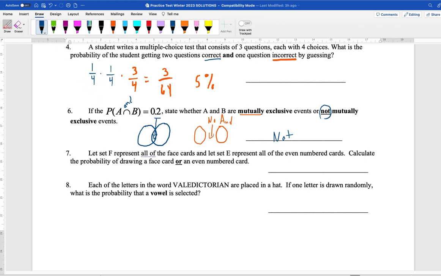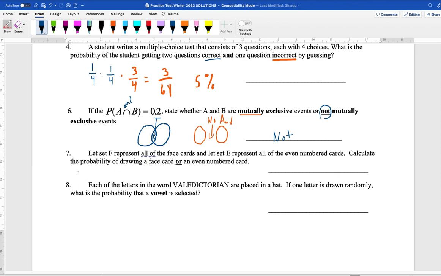Next one. Let F represent all the face cards and E represent all the number cards. Calculate the probability of drawing a face card or a number card. Alright, so we need our OR formula. Now these are going to be mutually exclusive because number cards and face cards don't interact.